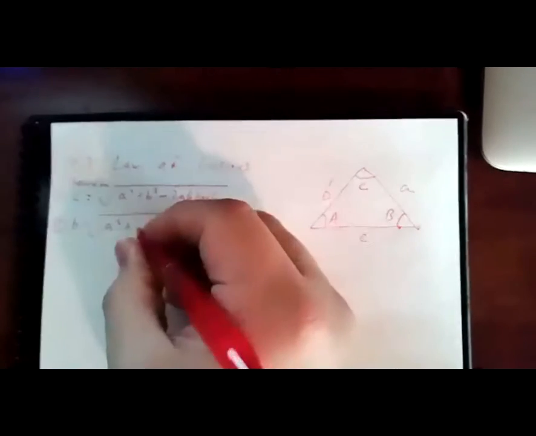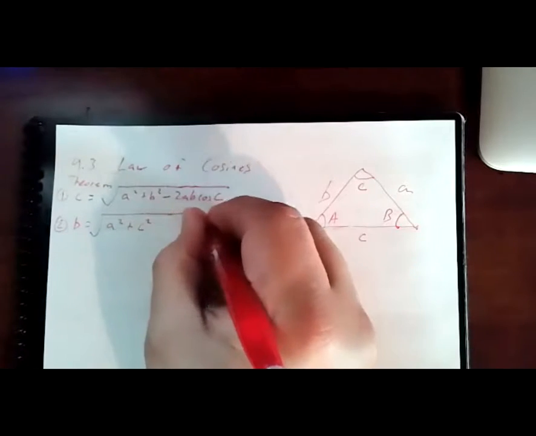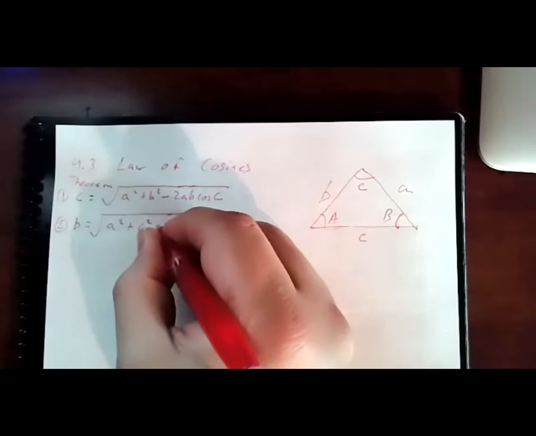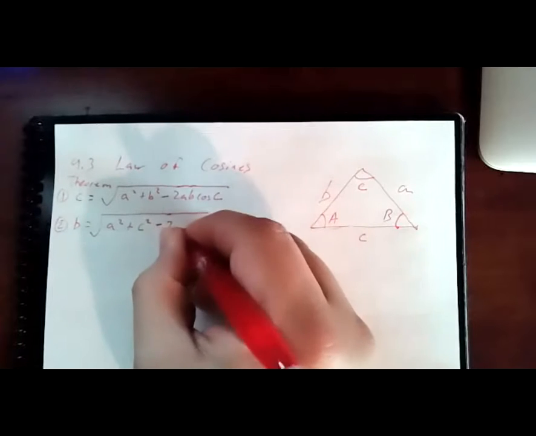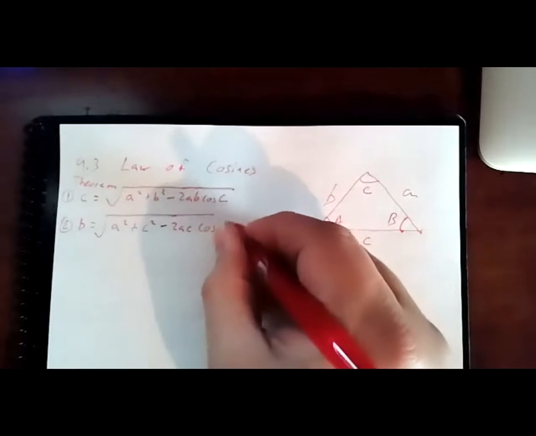I don't want to give you a fake formula because that would be pretty mean. Let's see here. So little b, yeah, I thought so. This should be a squared plus c squared, 2ac cosine b. I had an error in one of my old notes.